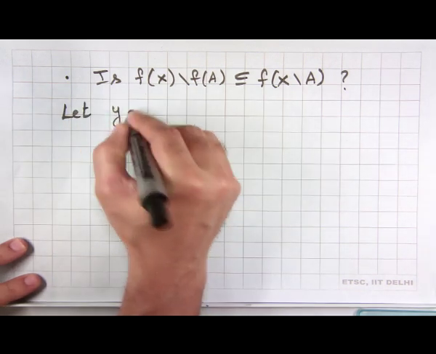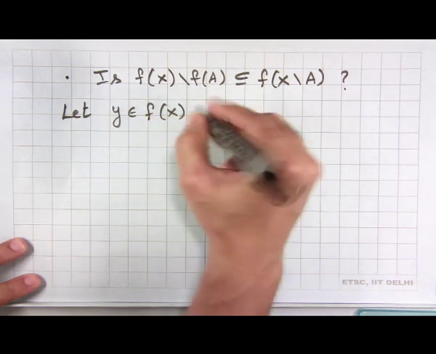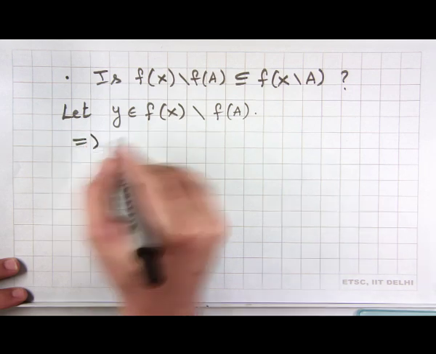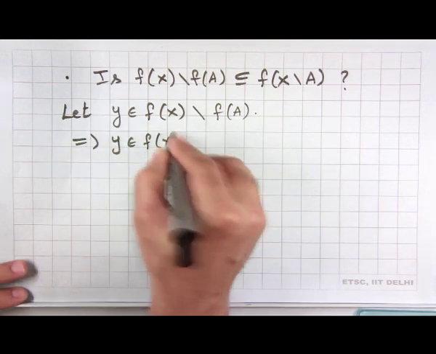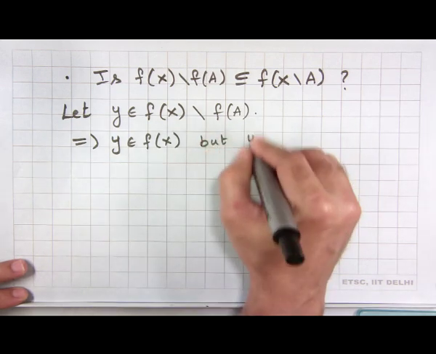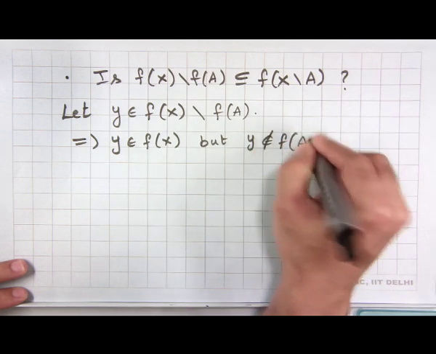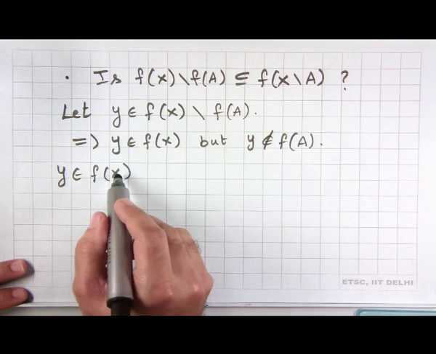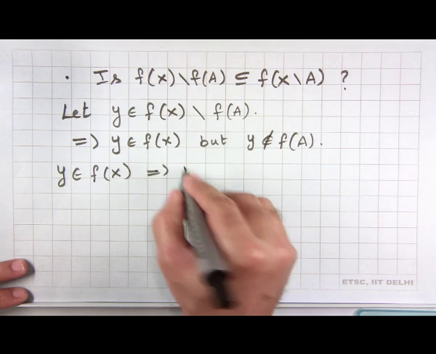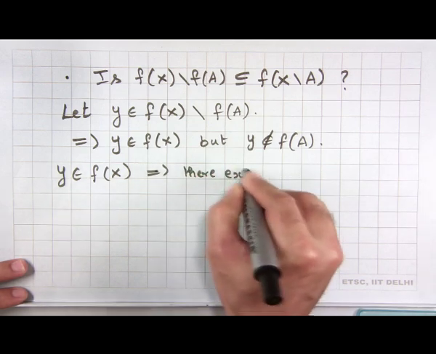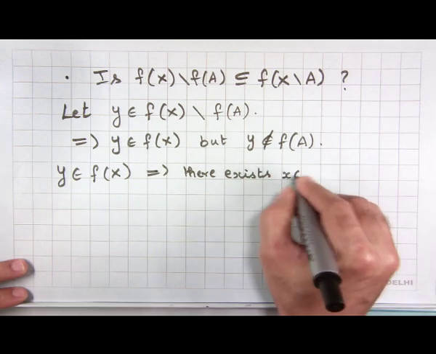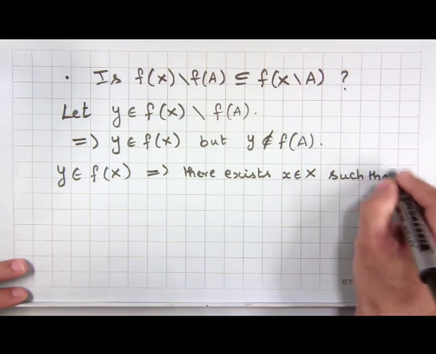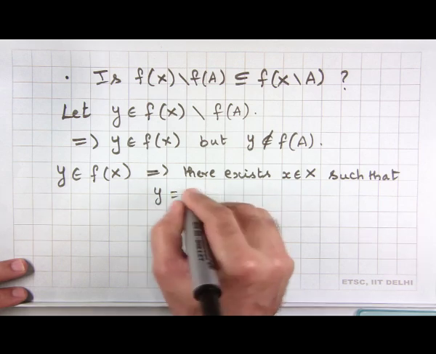Let y belong to f X minus f A. That implies y belongs to f X, but y does not belong to f of A. Now, y in f of X, the image of X under f, immediately implies there exists at least one x, an element of capital X, such that y is of the form f x.